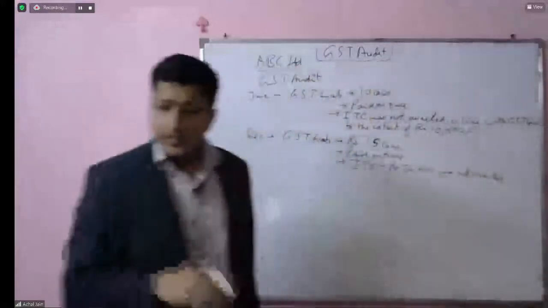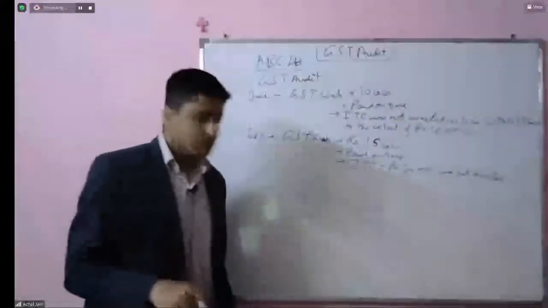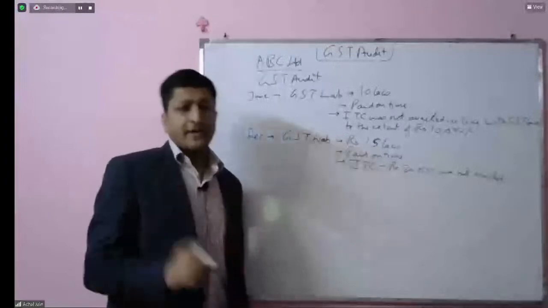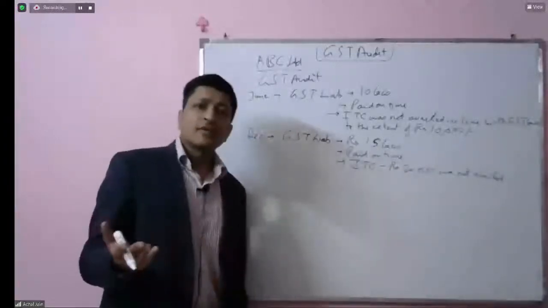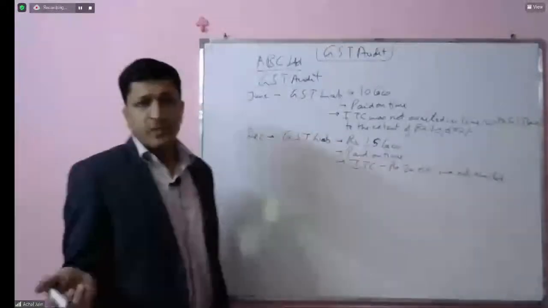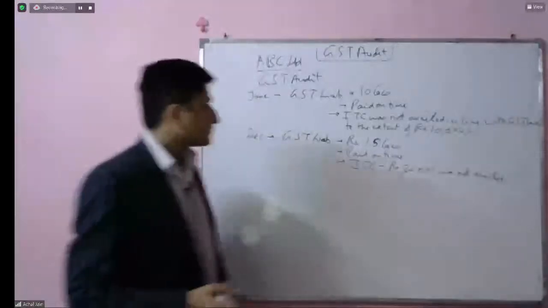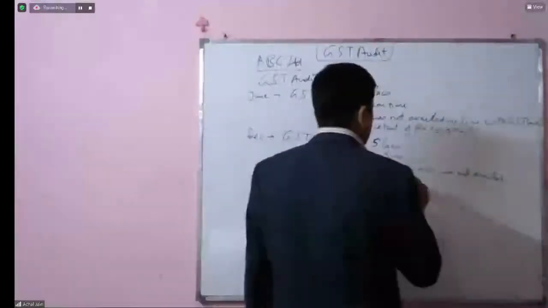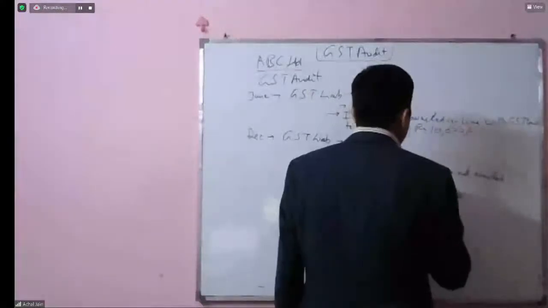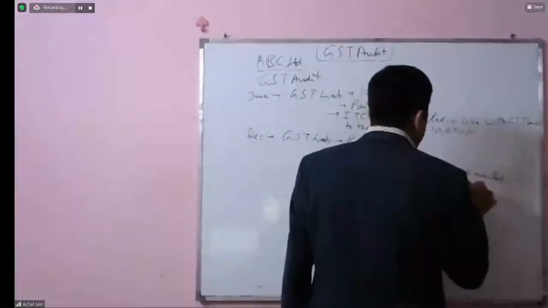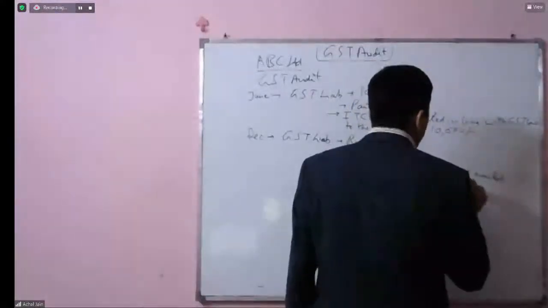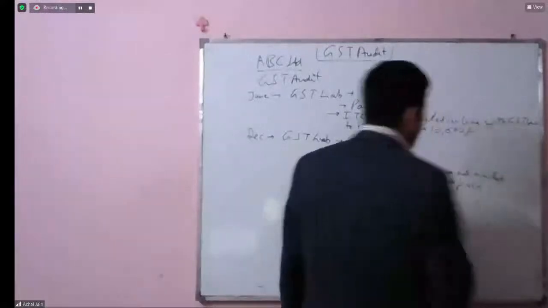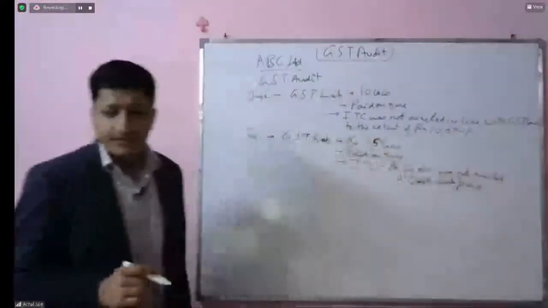Okay, input tax credit was available, but it was not availed. And if it was not availed, what happened? Cash payment was done. And cash was paid. Cash means payment was made through bank. This is also called as cash challan.